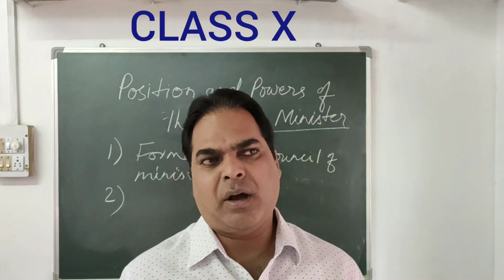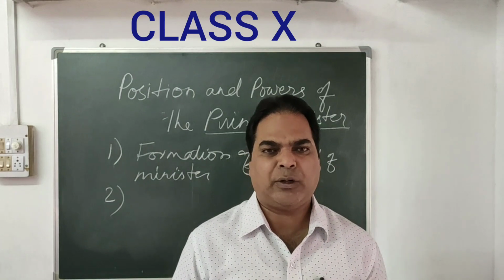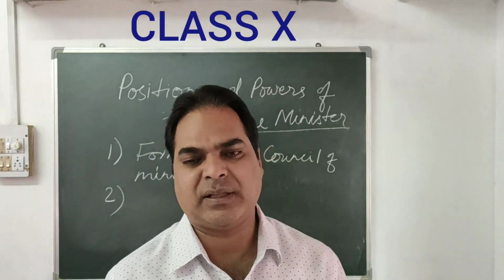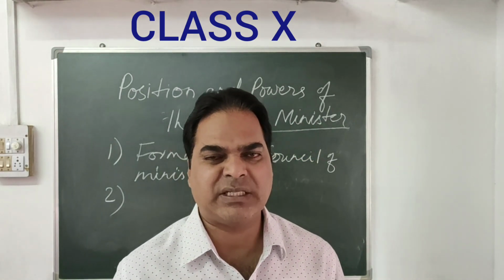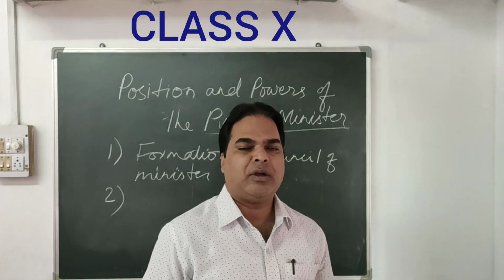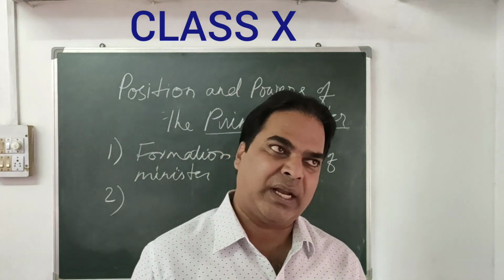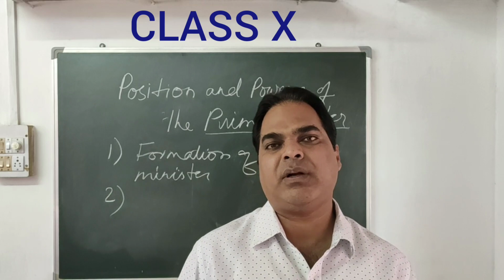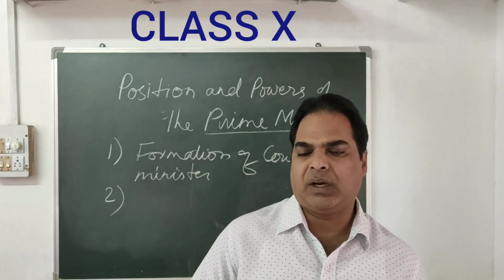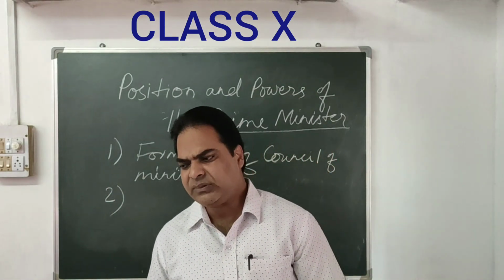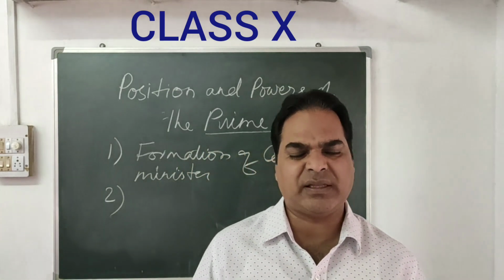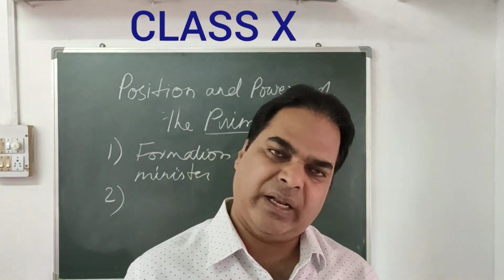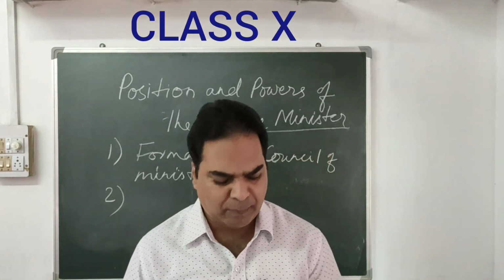But in a government with the full majority, there is no need to consult the other party members. You have the full majority, so there is no fear of the government getting dissolved, so you can decide it. But in a coalition government, the Prime Minister consults with the other party allies in deciding to allocate portfolios.